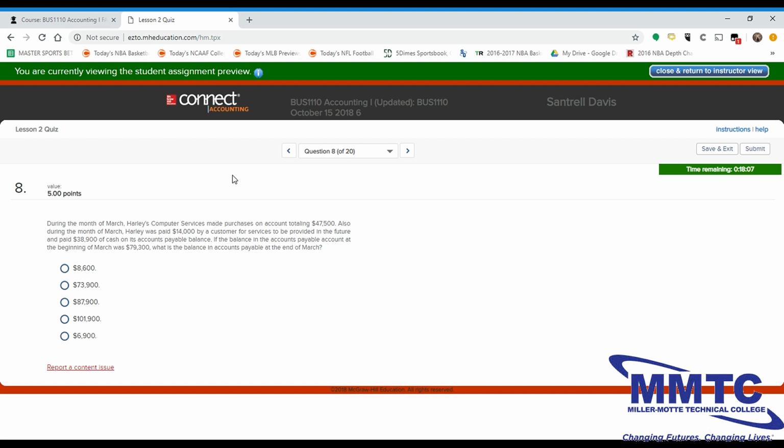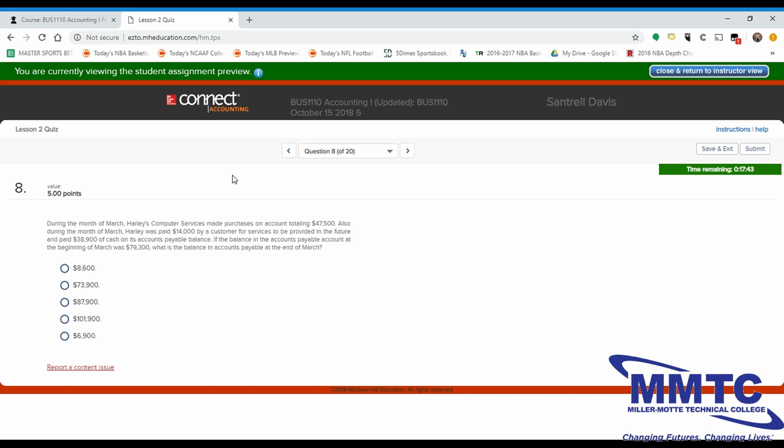Then they paid $38,900 to make payables go down, right? And then they gave us the beginning balance, which is $79,300. And we're looking for the ending balance.